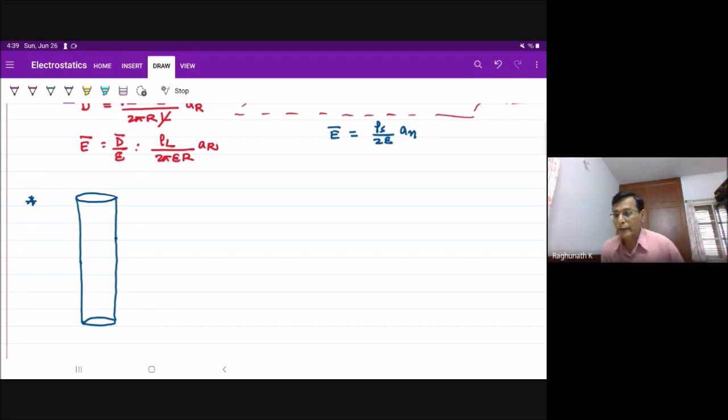That is a filamentary conductor, which is a cylinder tending to zero radius.